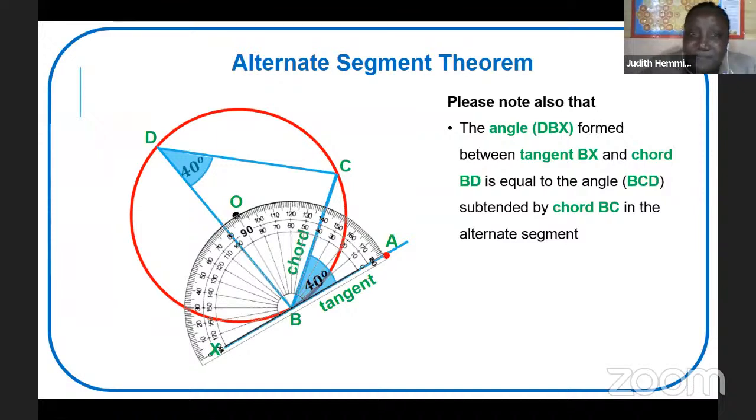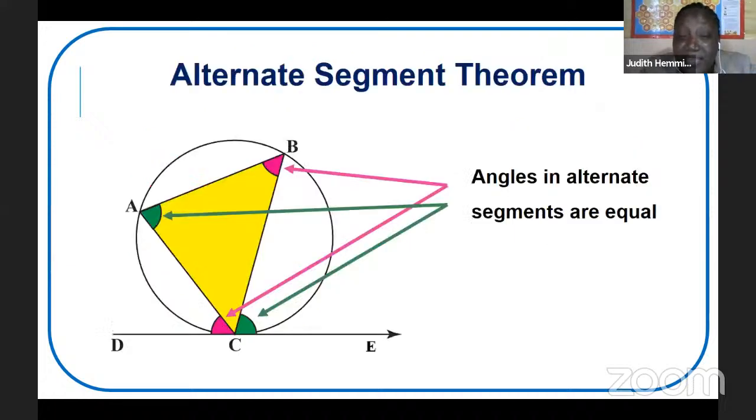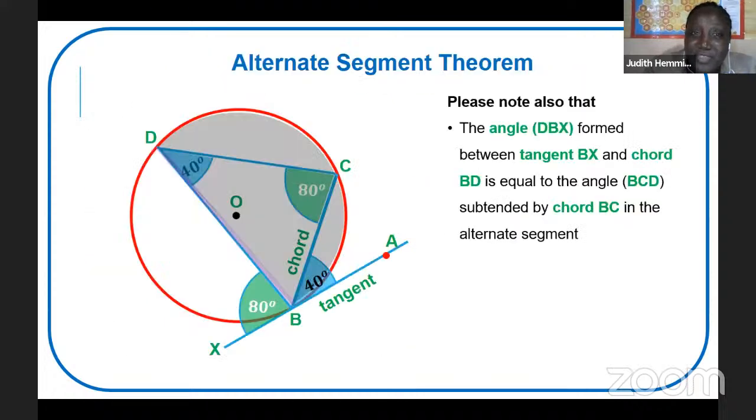Let us see. Please note the angle also formed on the other side of the tangent, not with chord BC this time, but with chord DB, and the angle in the alternate segment. Oh, I'm sorry, the slides are moving faster than I'm touching them. All right, so I'm back now.